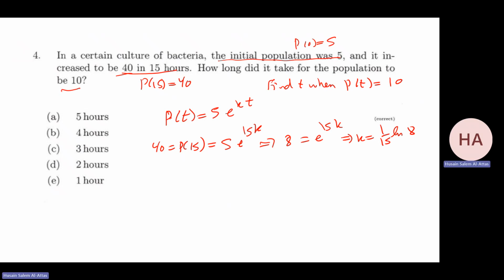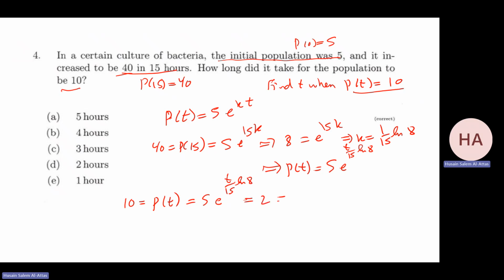I need to find t when B of t equal 10. Yeah, before that, I will do what is B of t. It will be 5 e^(t/15 ln 8). Okay, now we need to find 10 equal B of t equal 5 e^(t/15 ln 8).